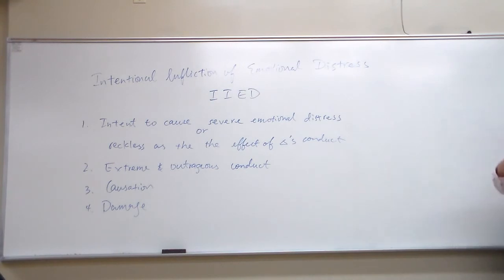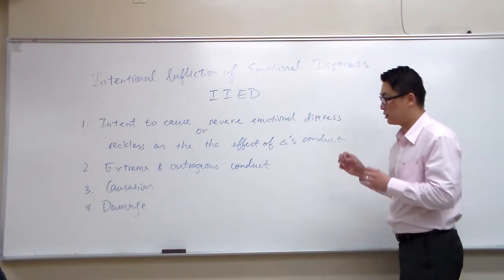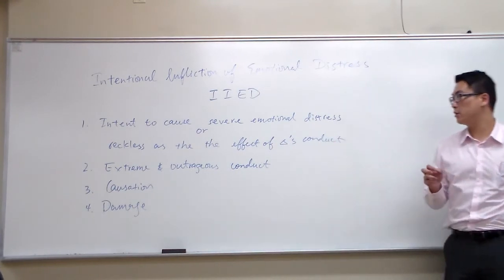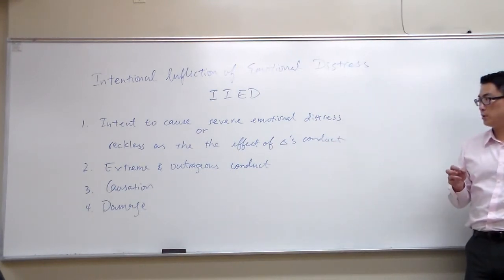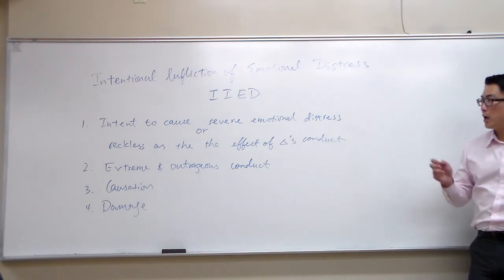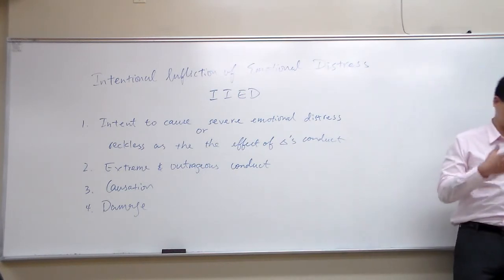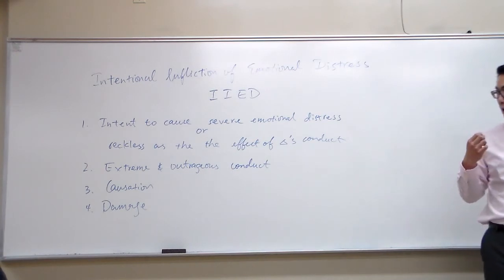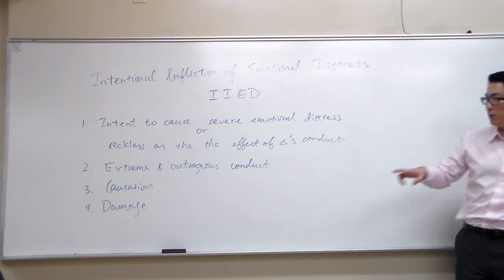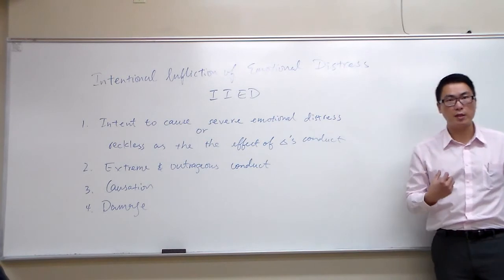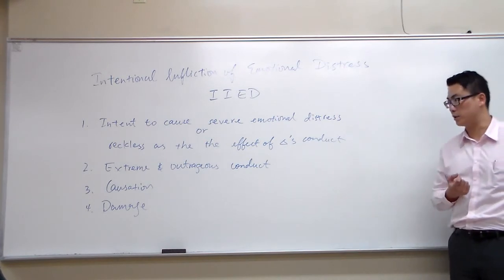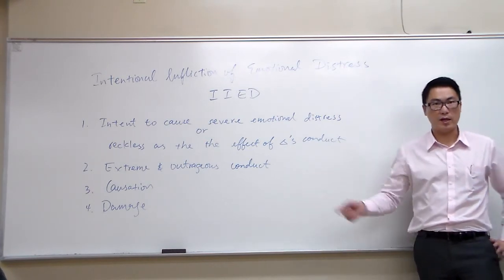The first element for IIED is that there must be an intent to cause severe emotional distress, or recklessness as to the effect of the defendant's conduct. The second element is that there must be extreme and outrageous conduct that caused the damage.